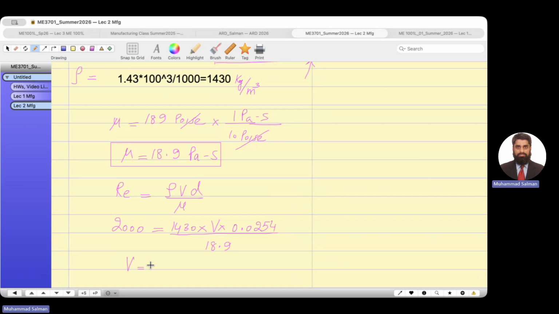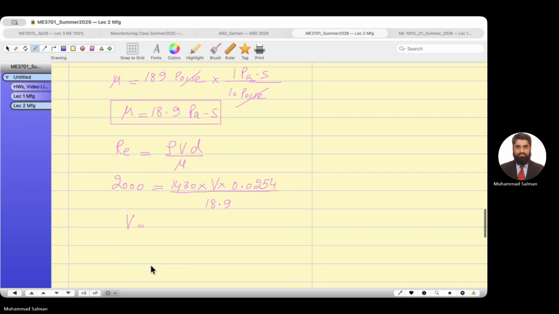What do you guys get? 1040. Agreed. So this is a very high velocity. So at this velocity, the honey will start making turbulences when it is flowing.